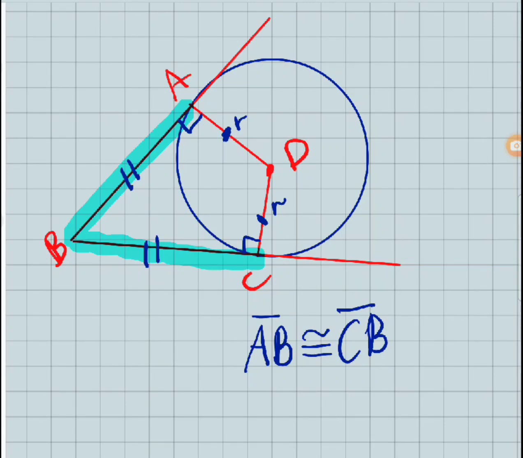Now you can prove that AB and CB are congruent using the hypotenuse-leg theorem. Notice that they share a common side, DB. So using the HL theorem, you can prove that AB and BC are congruent. You also need to use CPCTC.